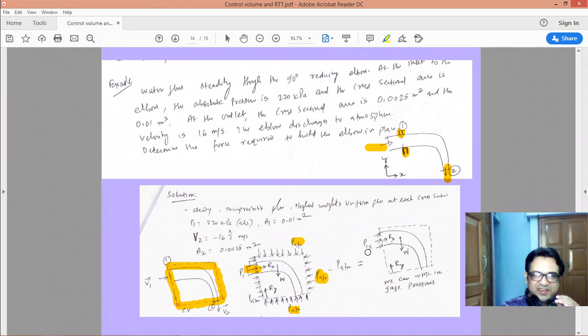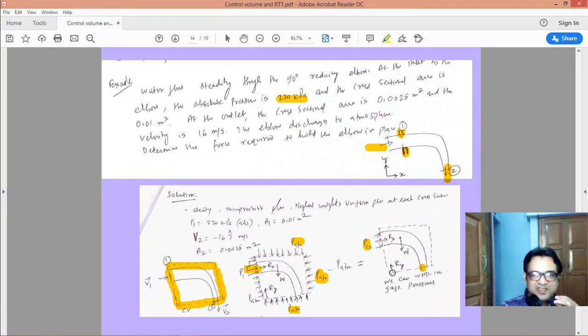The absolute pressure given is 220 kPa at inlet. If you subtract the atmospheric pressure from this, you will get the static pressure at 1, and at 2 the pressure becomes 0 because it is exiting to atmosphere, minus atmospheric pressure, so it is 0.